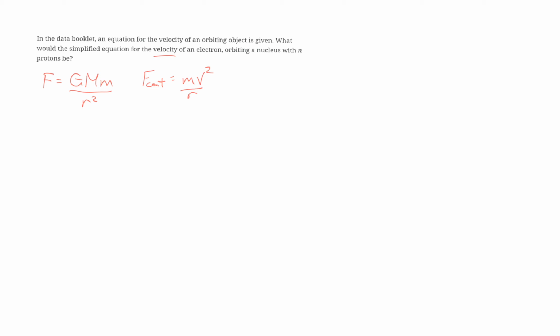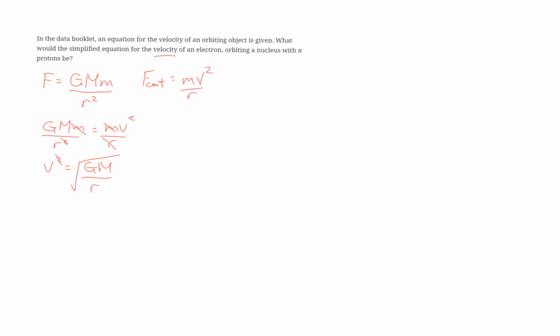If we equate these, then we can say that GM upon r squared is equal to mv squared upon r. We're going to do some cancelling out, get rid of these m's, get rid of these r's, and then we've got v squared is equal to GM upon r. And of course, if we root the whole thing, that's going to be our formula.